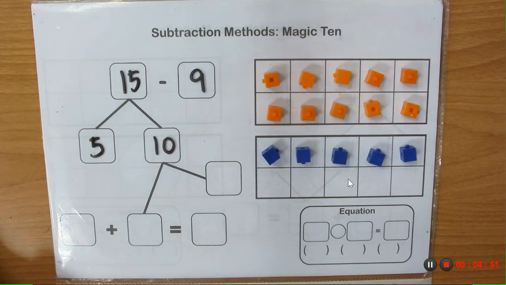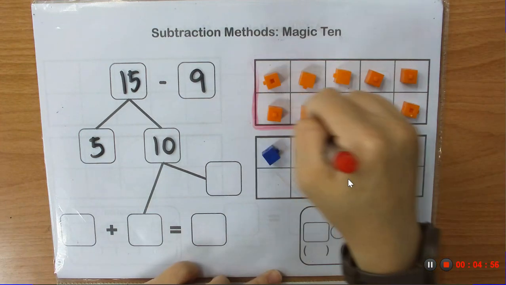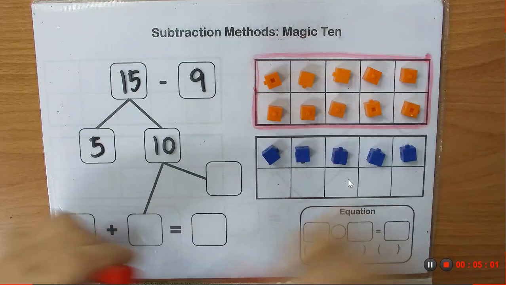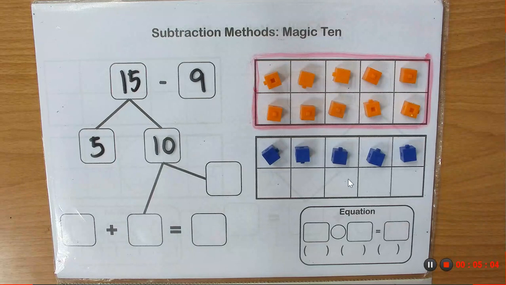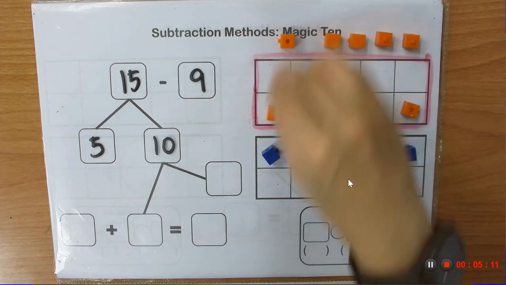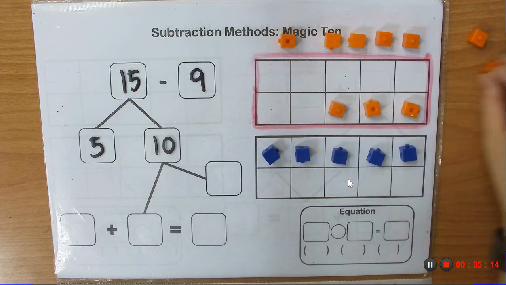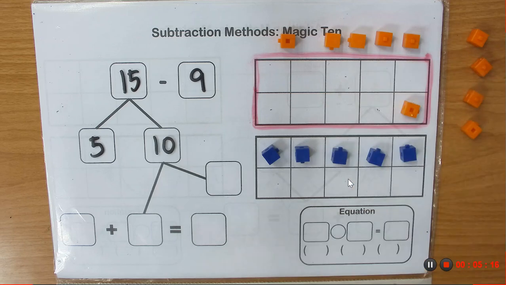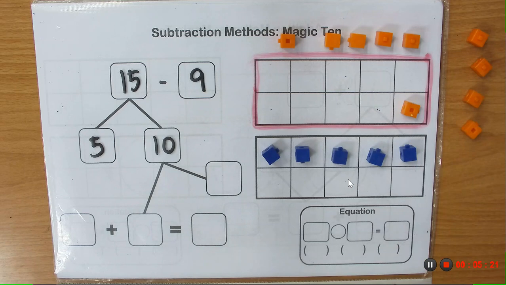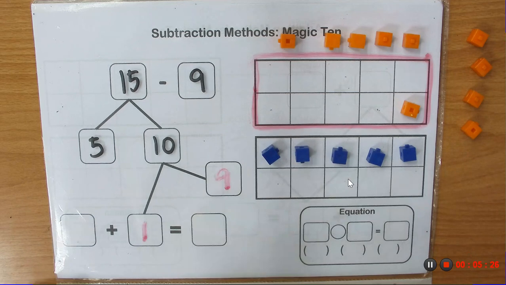From the 10 frame here, the magic 10 that we have learned, I can take away 9 easily. 1, 2, 3, 4, 5, 6, 7, 8, and 9. How many left? 1 here. So you can see that after we take away 9, there's 1 left.